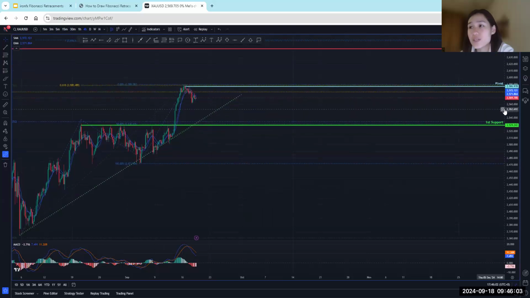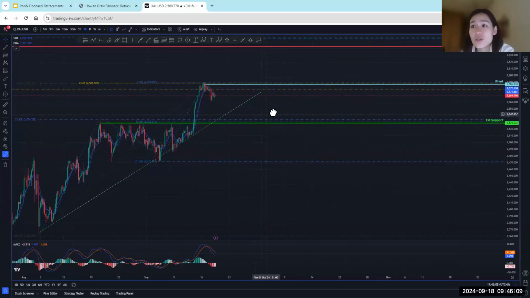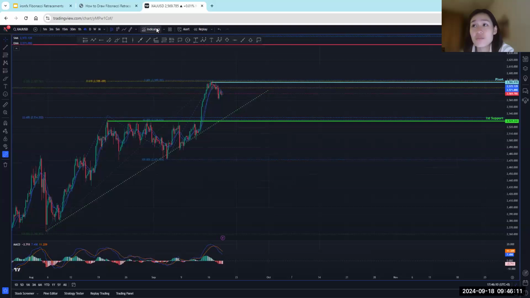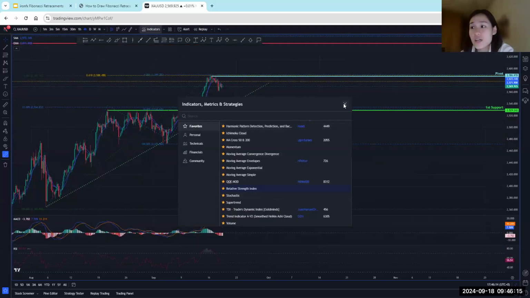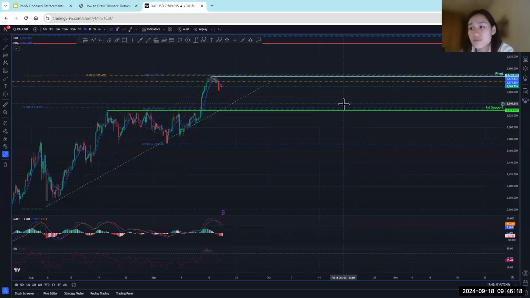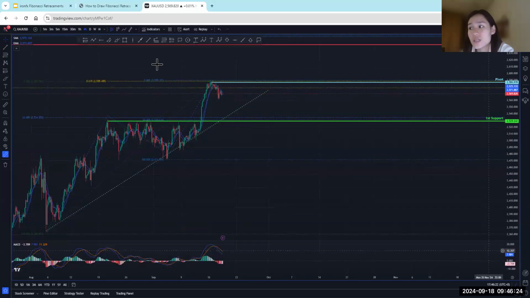And you can see recently prices have dropped below both of these indicators, so they are also giving us a bit of a bearish signal. If we look at RSI, RSI isn't telling us much.